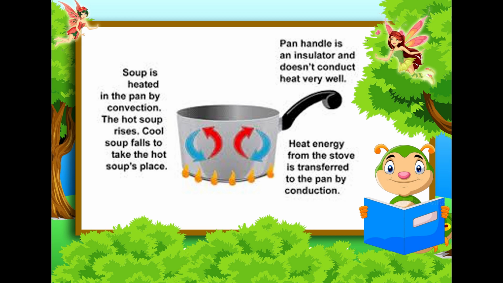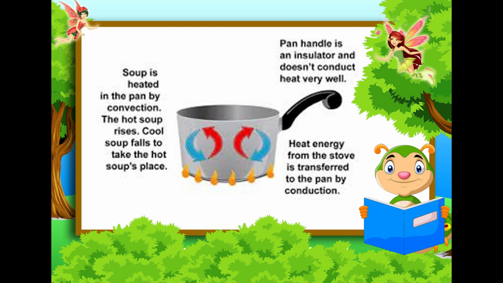So the plastic is a good heat insulator. It prevents you from getting burned because heat cannot pass through it fast. It passes through slowly, so it is a good heat insulator.